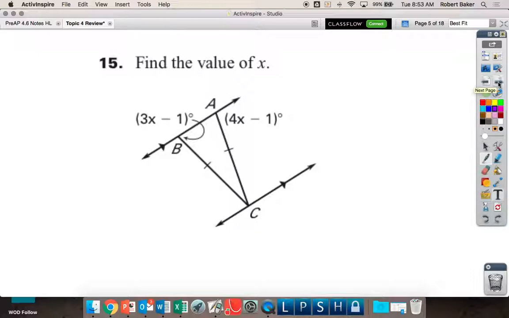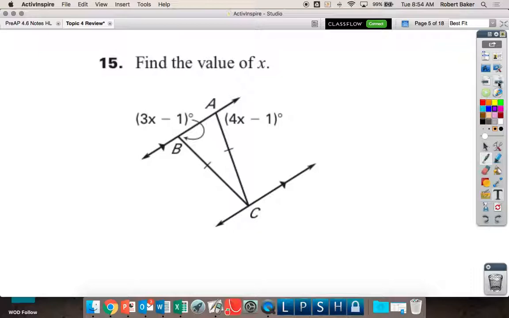Find the value of x. Any ideas here? I don't know if this is right, but I did 3x minus 1 plus 4x minus 1 equals 180. No, that's not going to work. You have to use 180 somewhere.